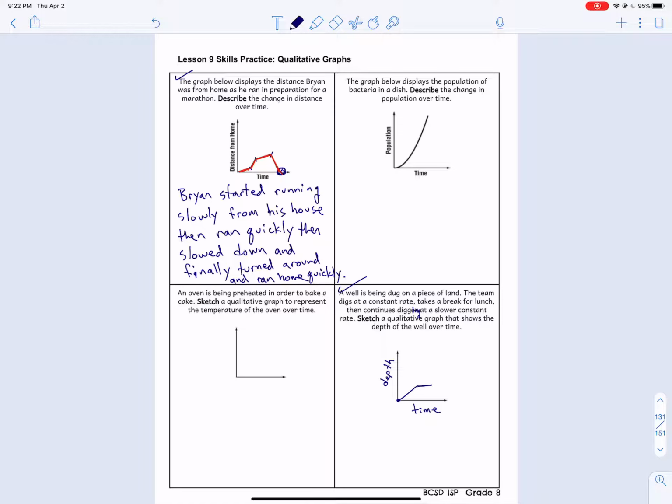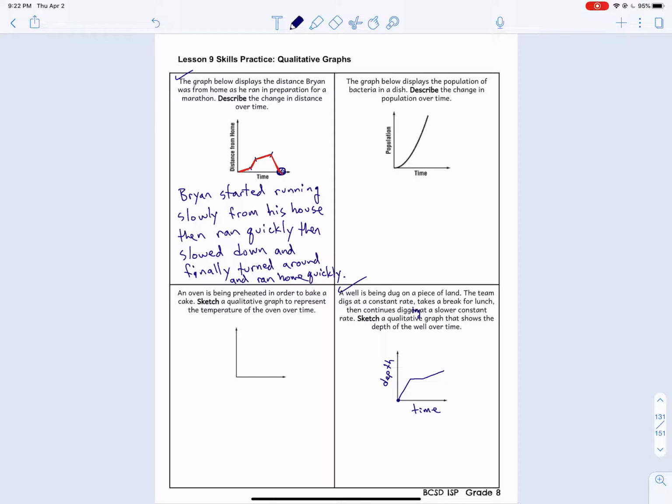And then continues digging at a slower constant rate. So slower than the first rate. So that means our line has to be a little bit less steep. Okay, I'm actually going to exaggerate this a little bit more so it's easier to see. So I'm going to go fairly steep, and then a lunch break, and then a slower constant rate.